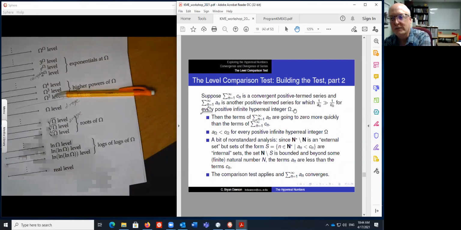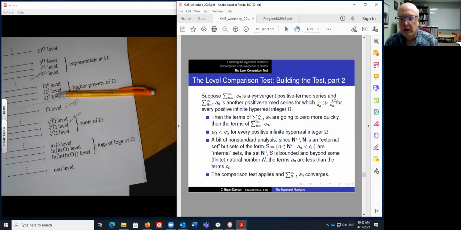So for all of the infinite terms in your series. Then it's kind of like the comparison test, because these numbers are larger than those numbers. So that means in your reciprocal, the terms of this series are smaller than the terms of that comparison series.